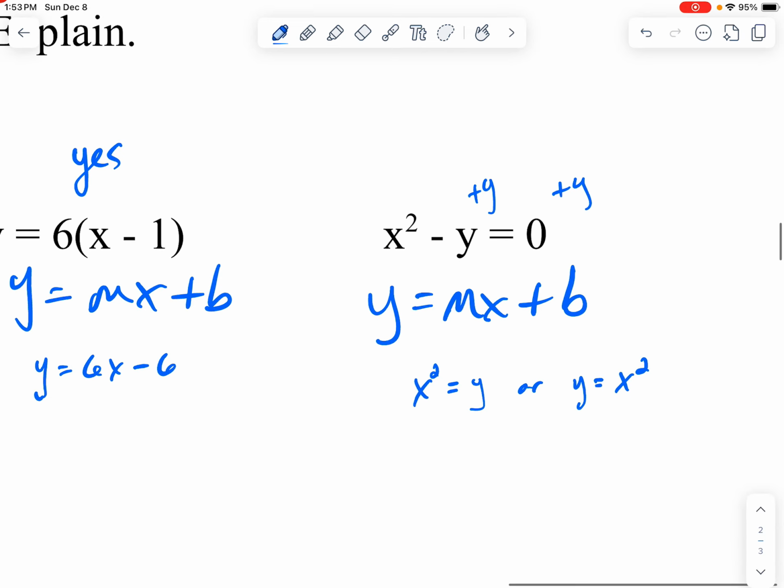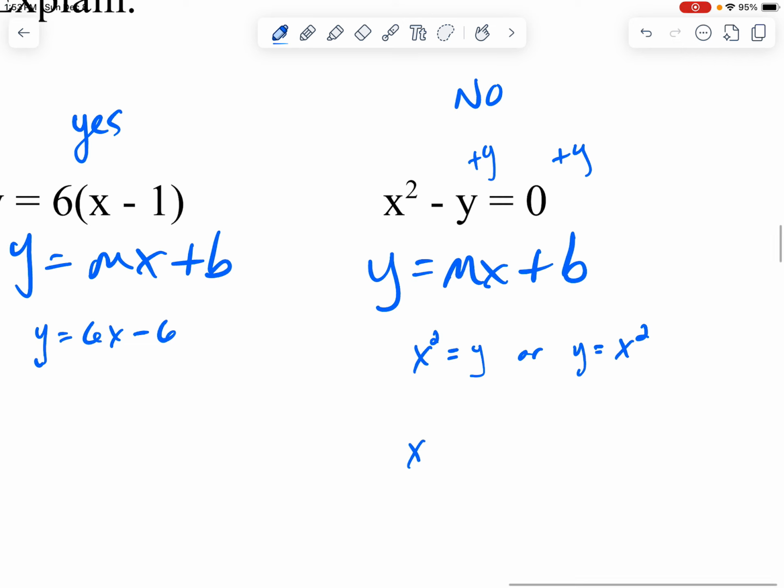And again, this is not in our form. Our x value can't have any exponents. So since this 2 is up here, that tells us that this is a no. X value can't have exponents.